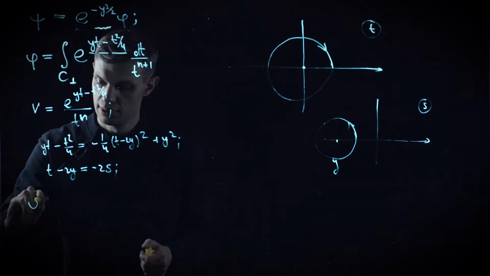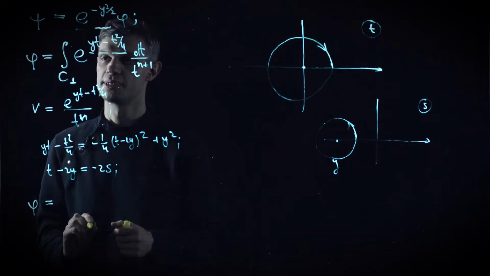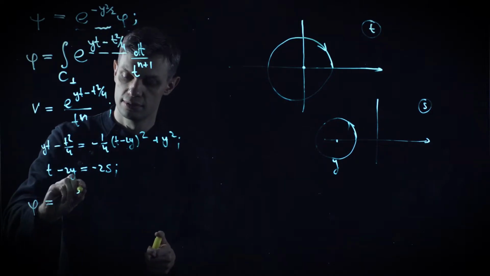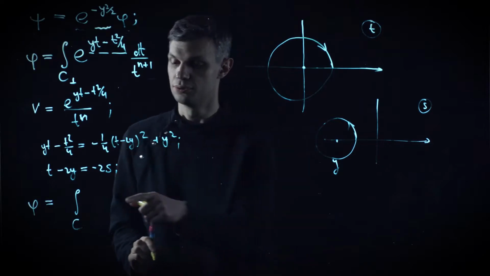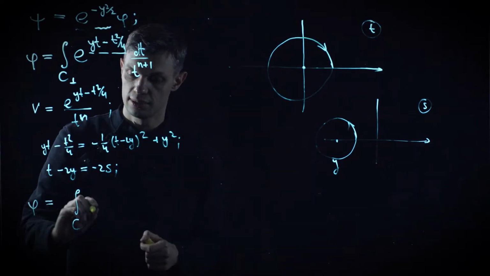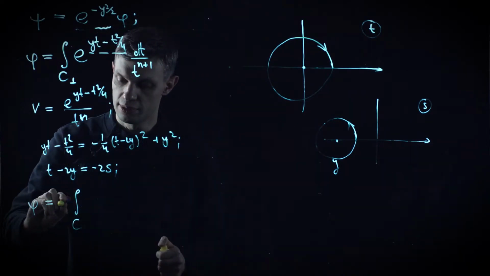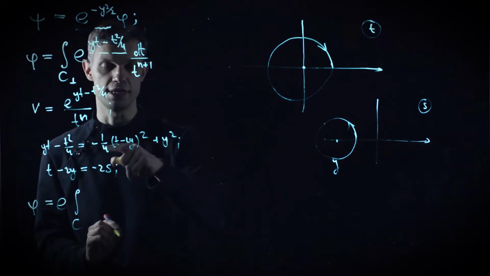So now our integrand becomes phi equals to this new contour integral. Since we detach the full square, we can factor out e to y squared.